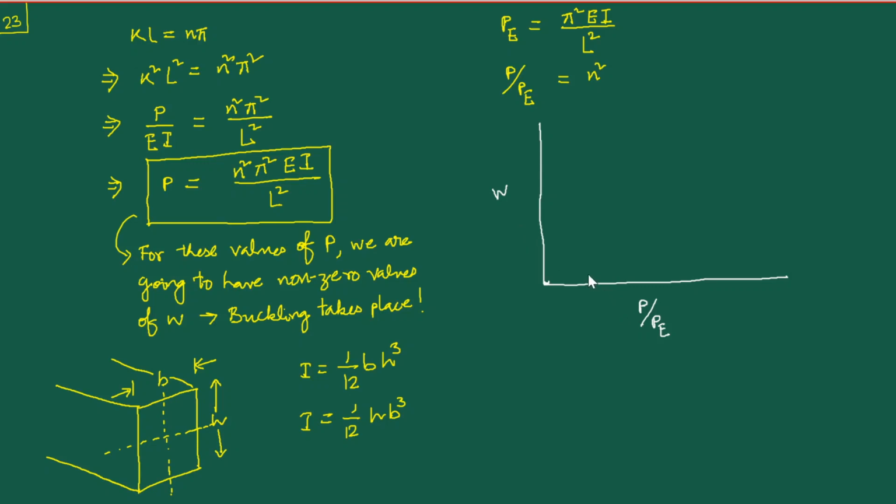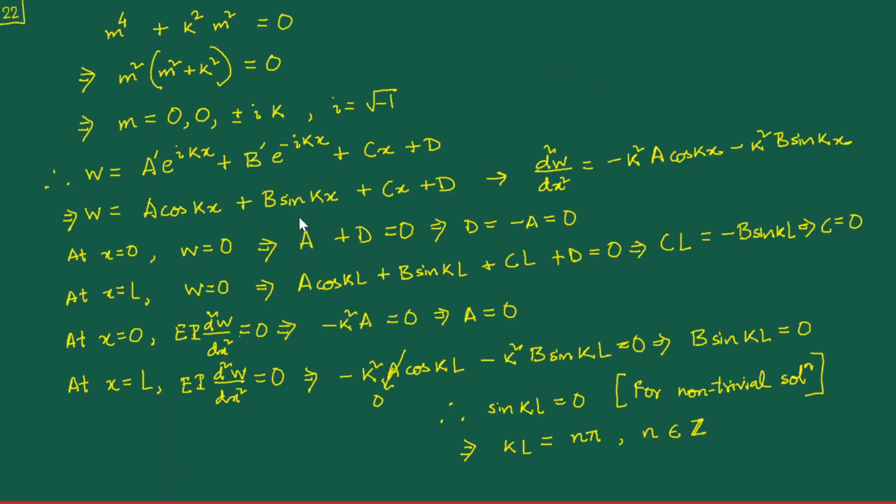Now you see, although this is a very tempting thing to do, to plot W versus P by PE, you note that there is a little bit of a problem here. The solution that we have obtained is only telling us about the critical values of P which will induce the buckling. But we have still not obtained the specific value of B. Let me go back to the previous slide.